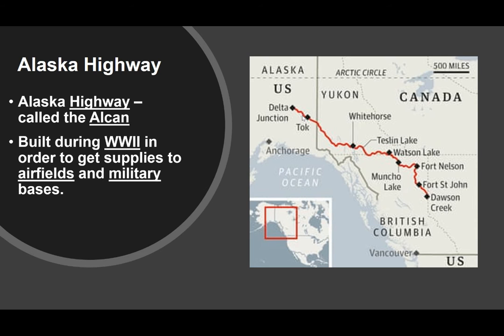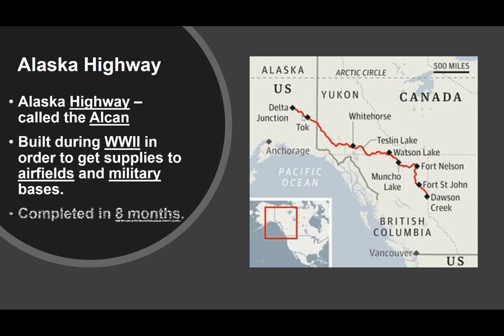This highway was built during World War II. And it was built so that supplies could reach airfields and reach military bases there in Alaska. And so with the United States and Canada being allies during World War II, they worked together to complete this highway.